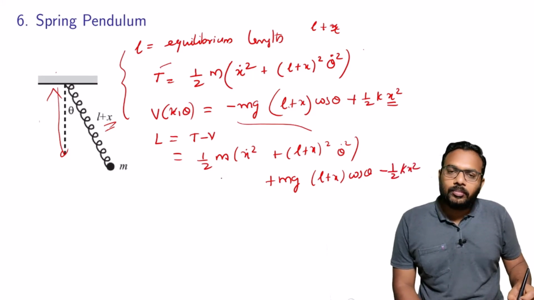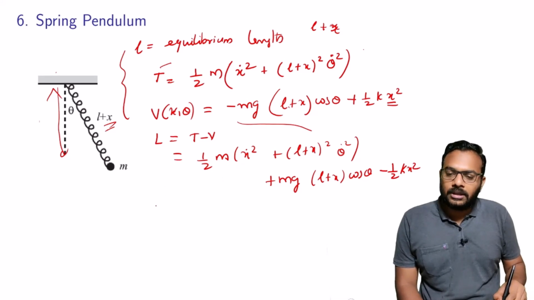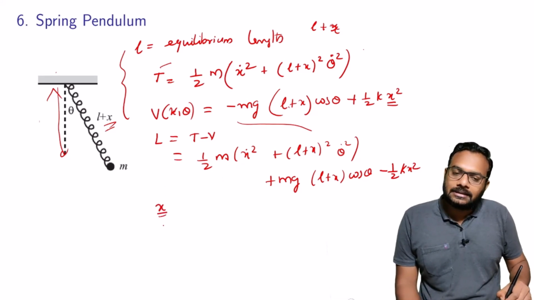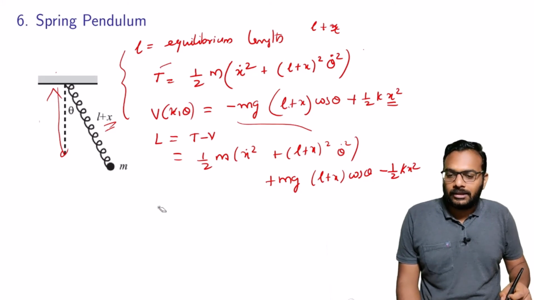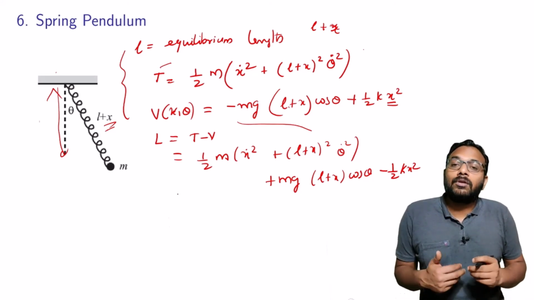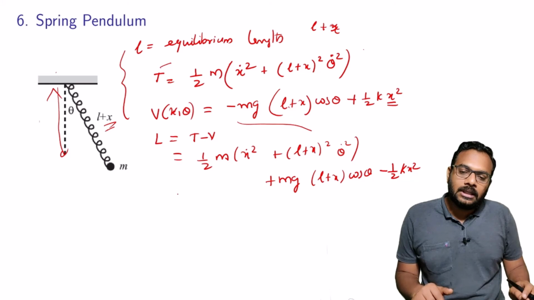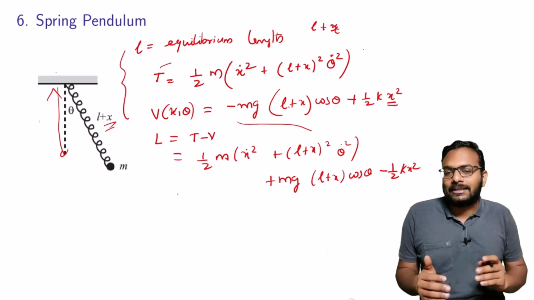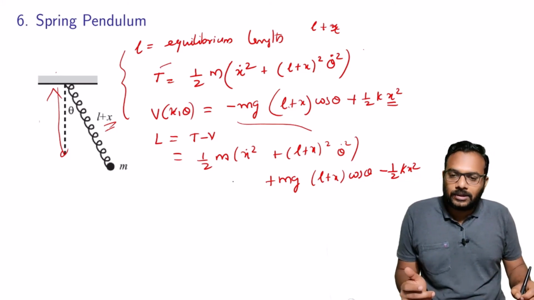Again, this may look complicated to you, but you don't have to worry about it. You first find the equation for x and then find the equation for theta. You can find them independently, and they involve only partial derivatives with respect to x and theta, or x dot and theta dot. So it's quite easy to do.